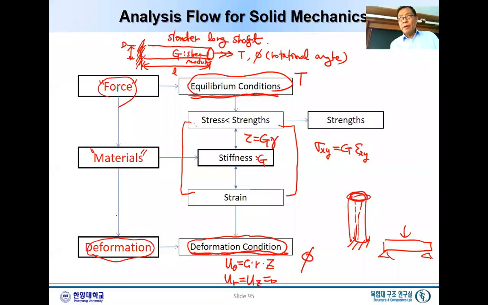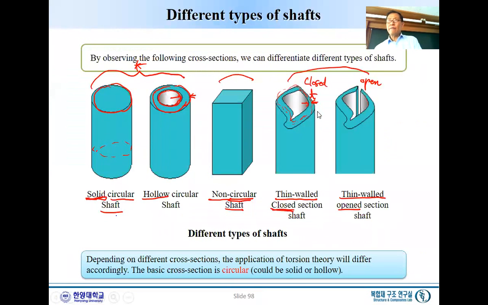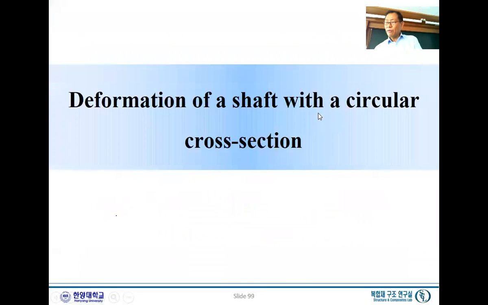And in the derivation of a beam theory, the steps will be very similar. We first observe the deformation field or deformation condition, and then consider equilibrium and stiffness, and we combine them all together. Torsional theory is exactly the same procedure. We observe the deformation, we consider equilibrium and stiffness, and we come up with a torsional theory. Again, I cannot emphasize enough how important this flow chart is.